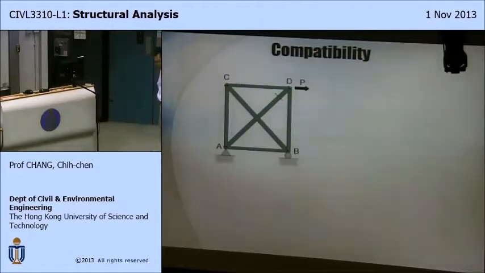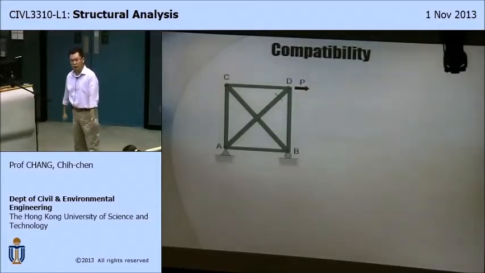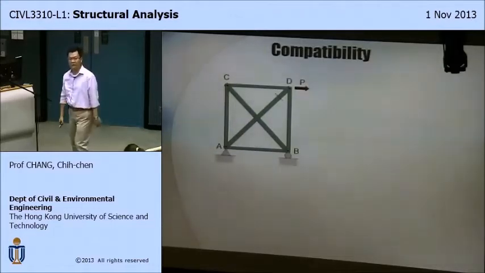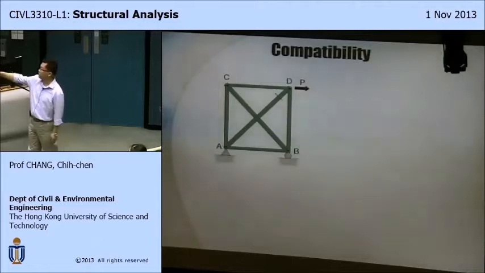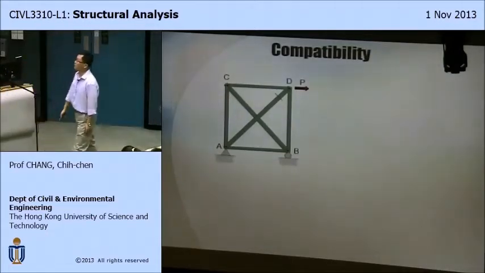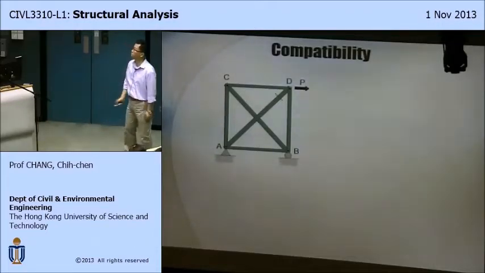So this is a 1 degree indeterminate structure. You need to choose one redundant force. Now, that redundant force cannot be from the support because the supports themselves are determinate. So you cannot choose the support as your redundancy. So you have to choose the member force as your redundant force.